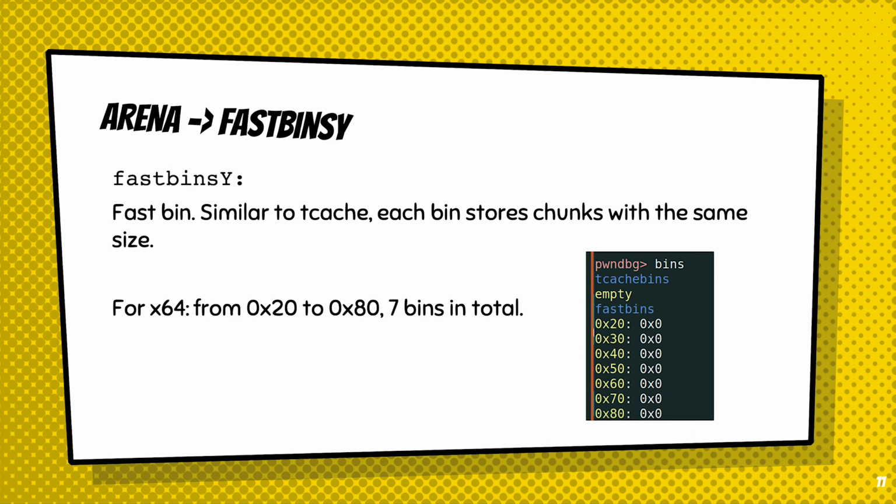Yet for x64, it only uses 7 because the number of fast bins and the maximum fast bin size is configurable. So you can make fast bins start from hex 20 to hex 80, which is the default. You can also enlarge that so that you can have hex 90, hex A0, and then hex B0. But you can only have 10 at most.